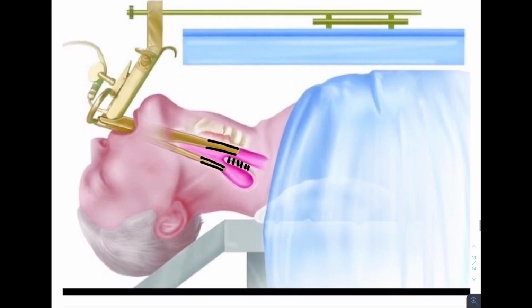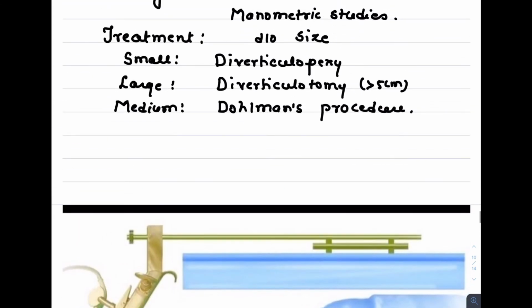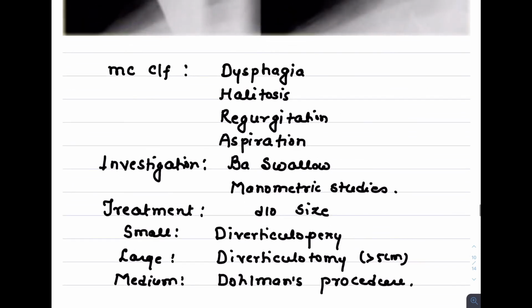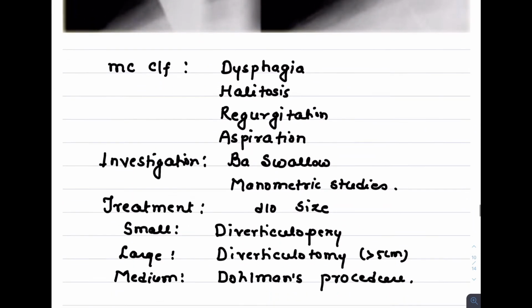So this is Dolman's procedure done for the medium-sized esophageal diverticulum. So this was all about Zenker's diverticulum, its barium swallow image, clinical feature, surgery. Now we'll go to our next topic, which is mid-esophageal diverticulum.